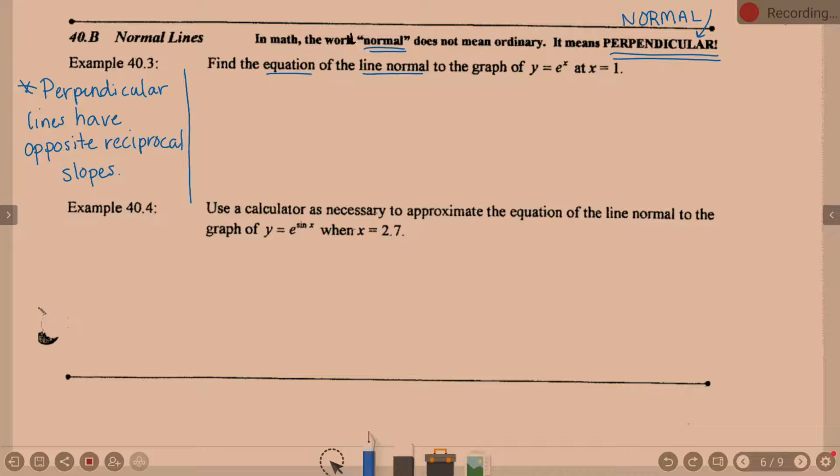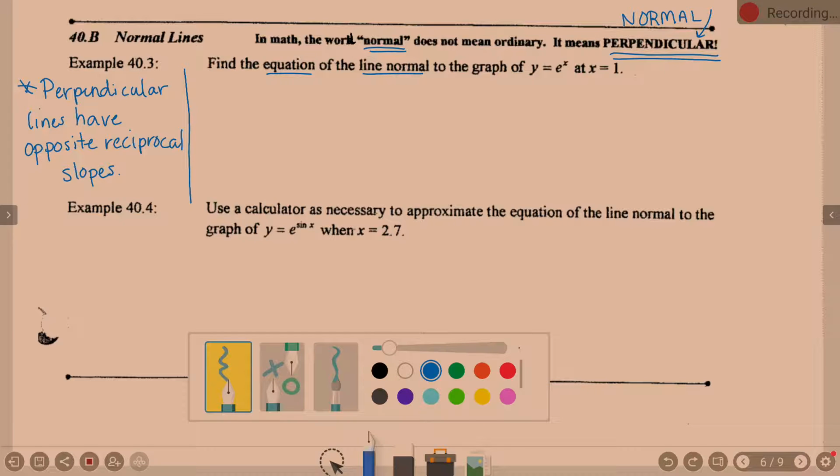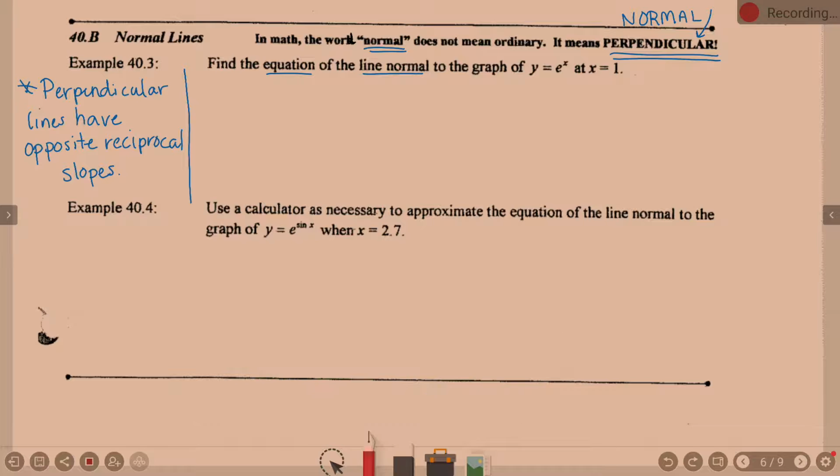Well, we're going to need the slope of the line, which would be the derivative. In order to get the slope, we need to find the derivative, yes?